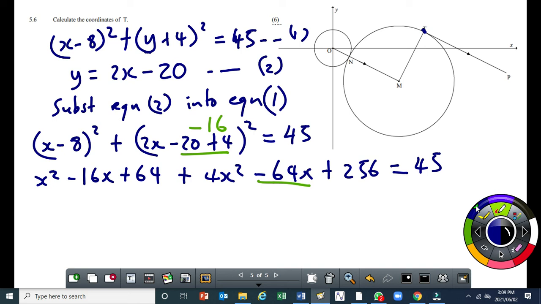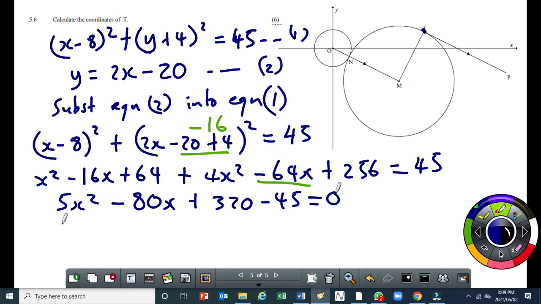Right, then from here, x squared plus 4x squared gives me 5x squared. Minus 16x minus 64x, that's minus 80x. 64 plus 256 should give me positive 320 minus that 45. So I'll end up getting 5x squared minus 80x plus 320 minus 45, which is 275.